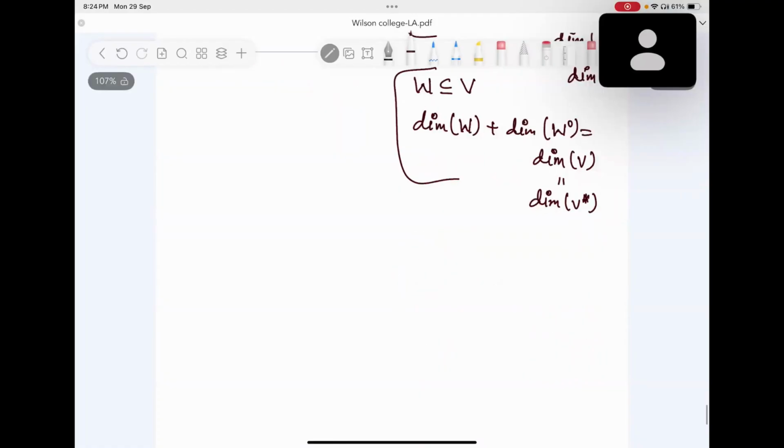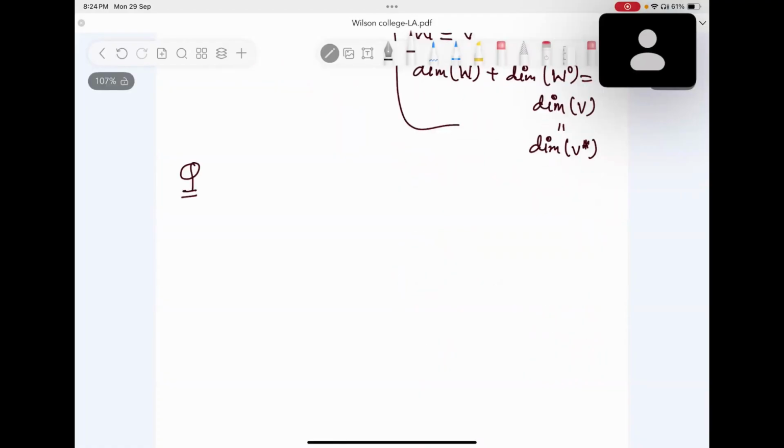Okay, let me ask you one more question. Now suppose you have two subspaces W1, W2 of V, and I'm saying W1 is equal to W2. So what can you say about W1 annihilator and W2 annihilator? They must be equal.